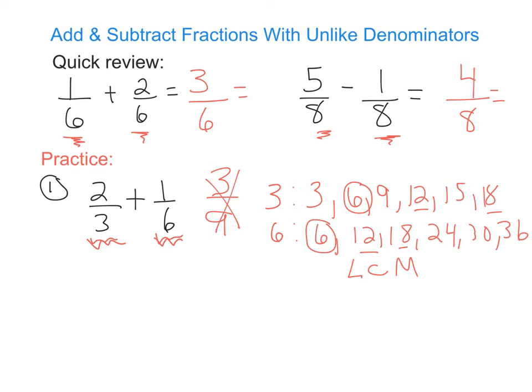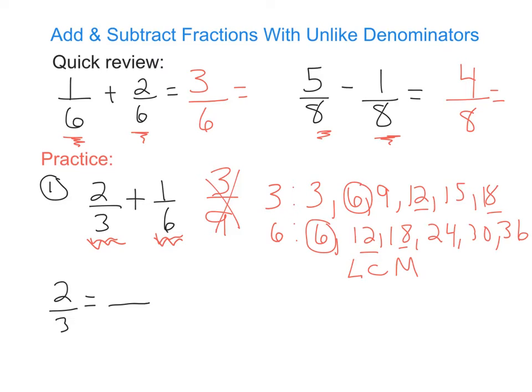so that I can put that into my problem because I need to make 2/3 and 1/6 equivalent fractions before I can add them. So the next thing that I need to do is I'm going to rewrite this problem. So 2/3 is now going to be equivalent to what fraction? So I'm going to stop here and I'm going to look at my 2/3.